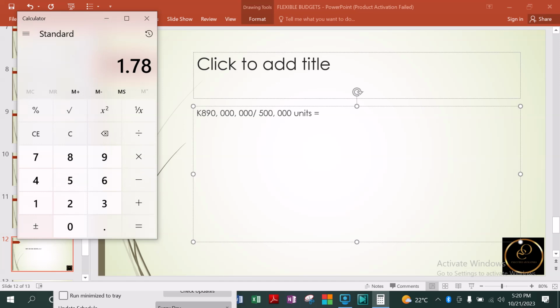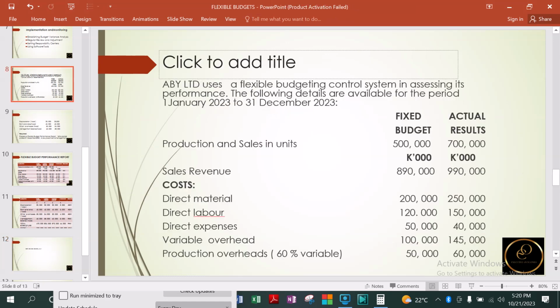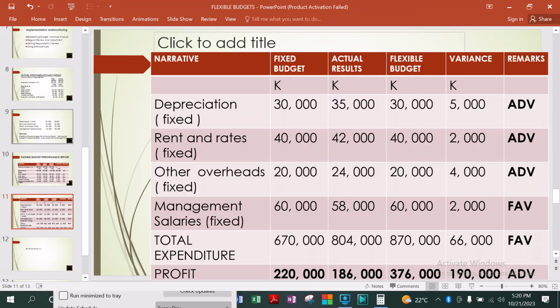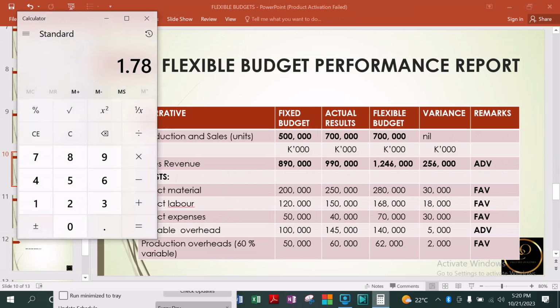So you multiply this one by the new level of activity, which is 700,000.